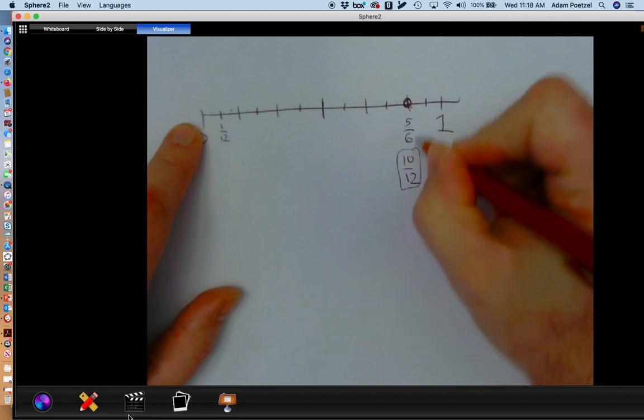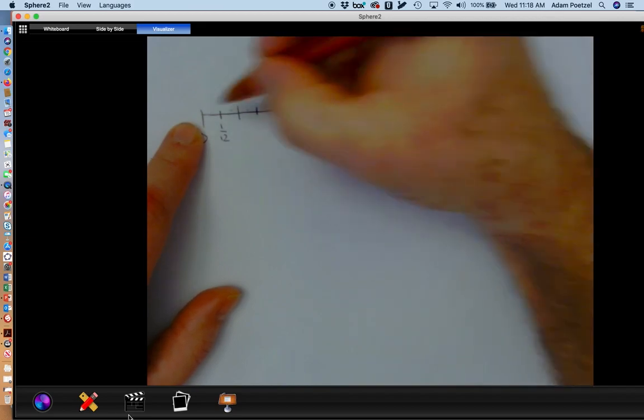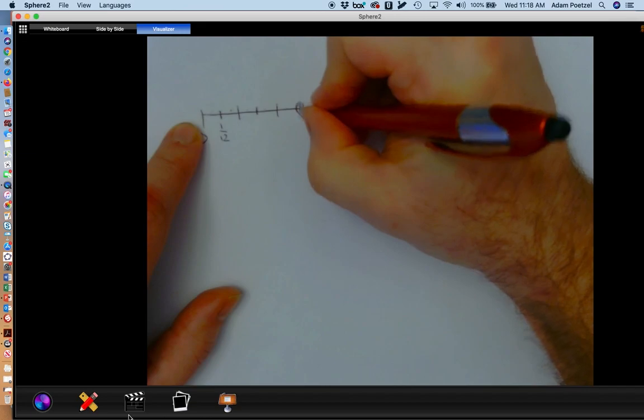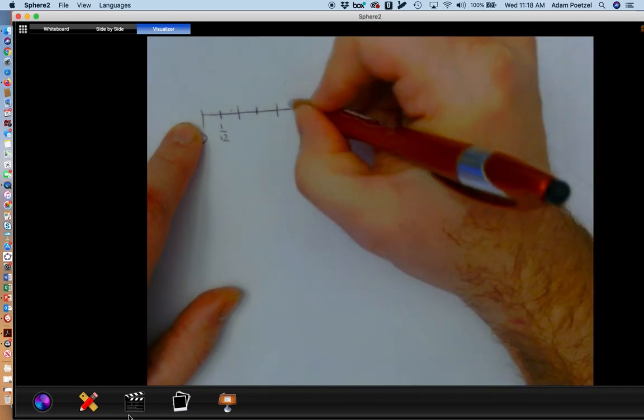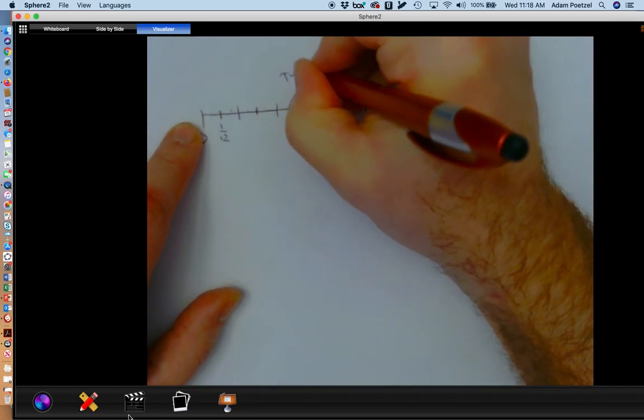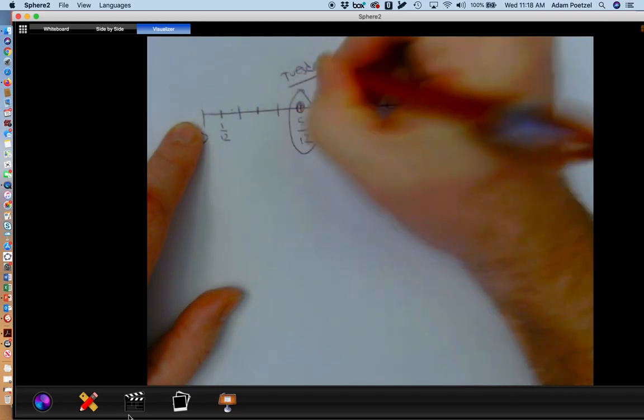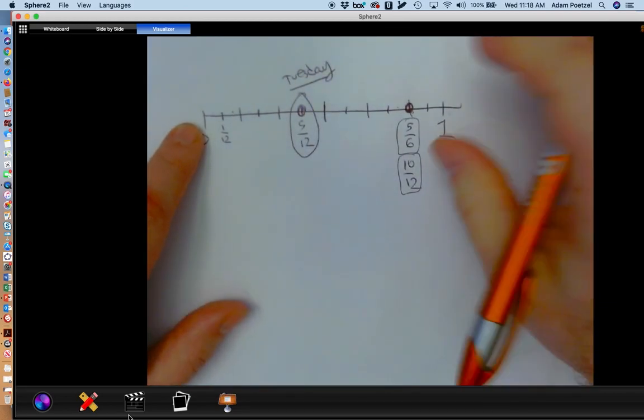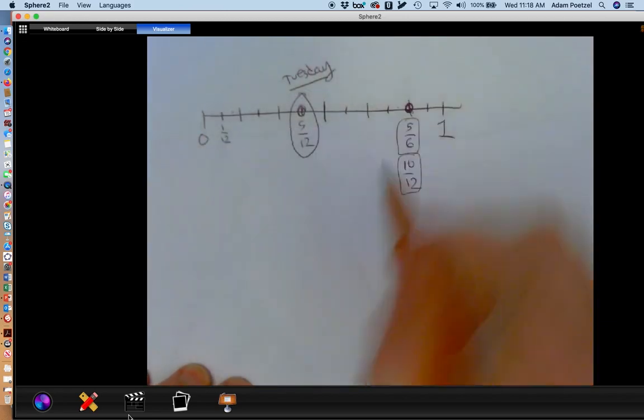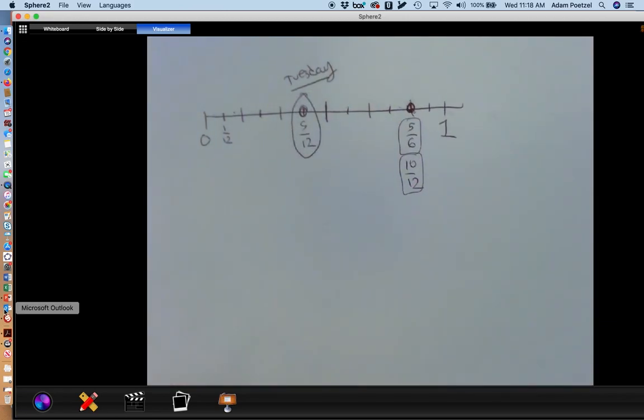So those are equivalent. Then half of that would be 1, 2, 3, 4, 5, or 5 twelfths. And so that would be my Tuesday workout, looking at it visually on a number line. And again, lots of ways to think about it, but that's just one way to think about partitioning that number line.